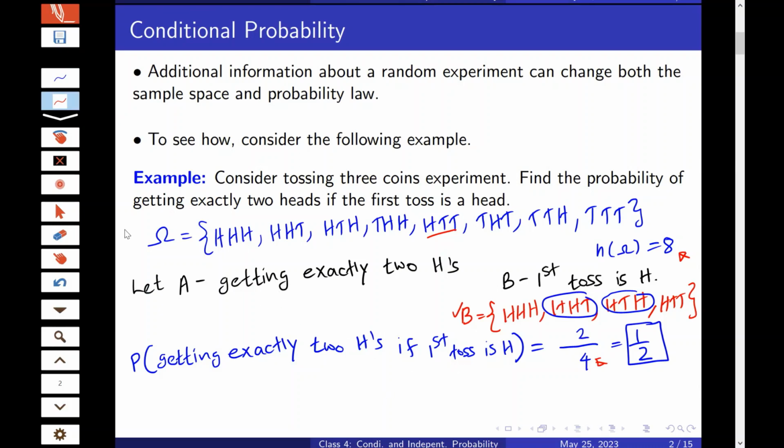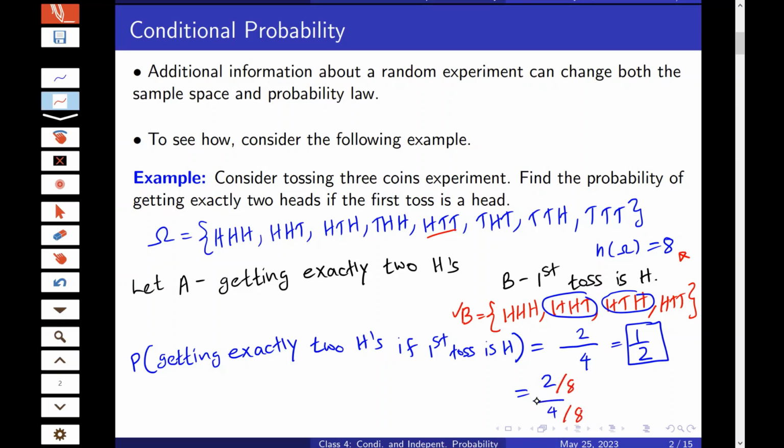This can be done in another way. We can bring this into the original sample size as well by doing this trick. I'm going to divide the numerator and denominator by 8. So here 2 over 4, I divide this one by 8 and this one by 8.